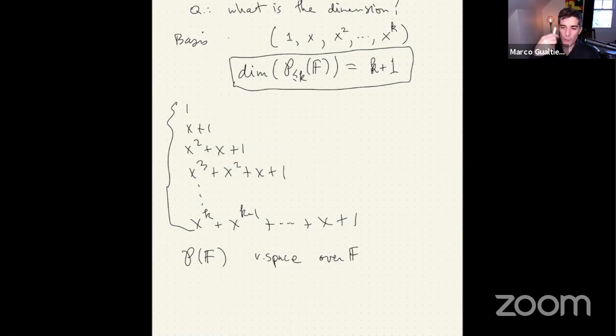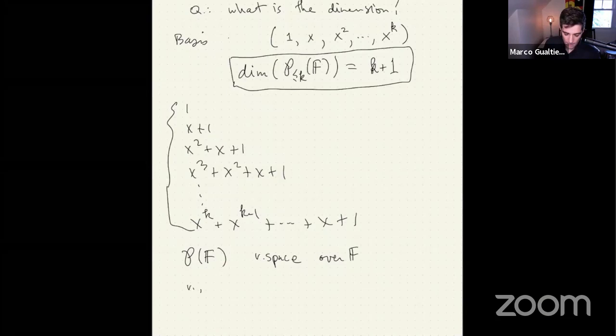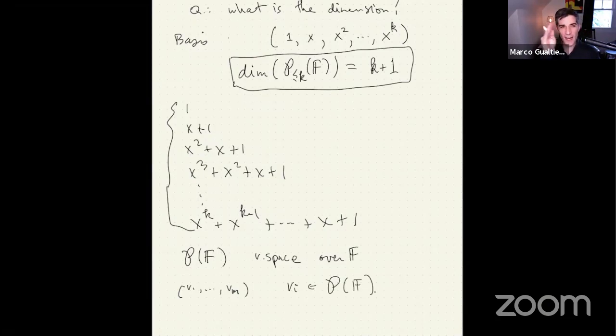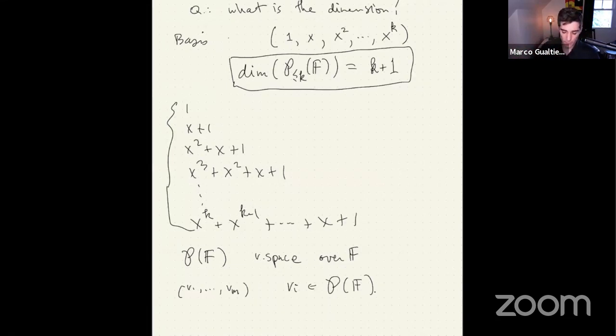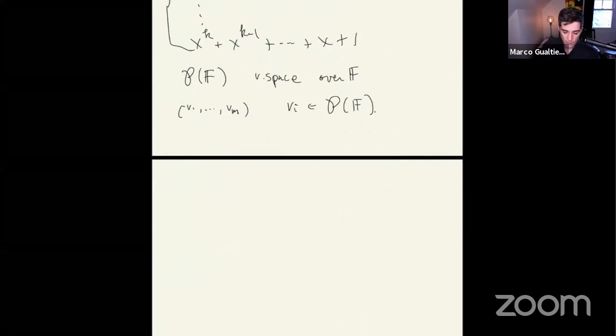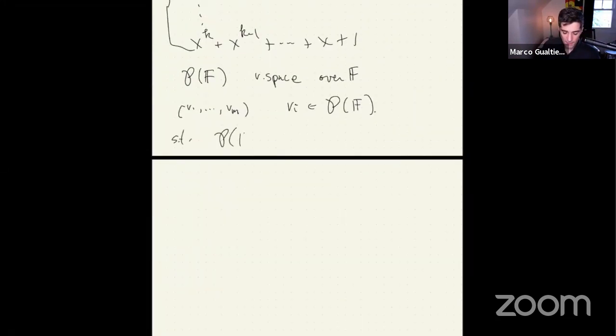It means whether you can find a finite list of elements V1 up to Vm, where the Vi's are polynomials, such that any polynomial can be written as a linear combination of those. Such that P(F) is the span of V1 up to Vm.